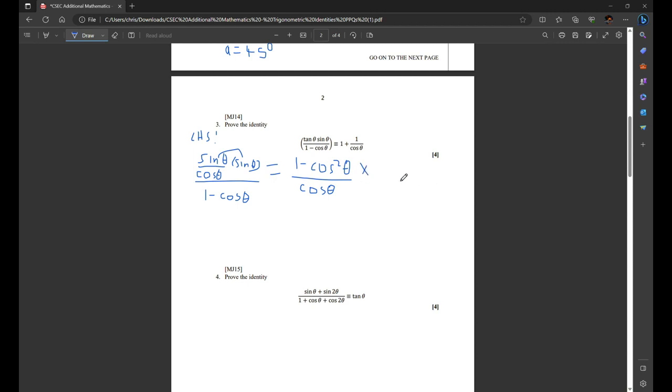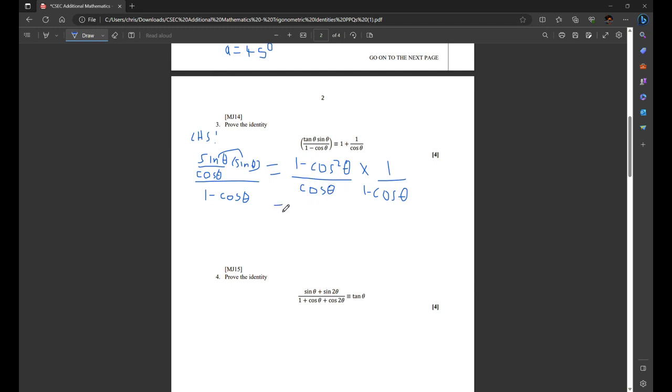You don't have to do this, but I think this makes it look a little easier in my head. So I'm going to write this as 1 minus cos theta over here, because these two are actually equal.